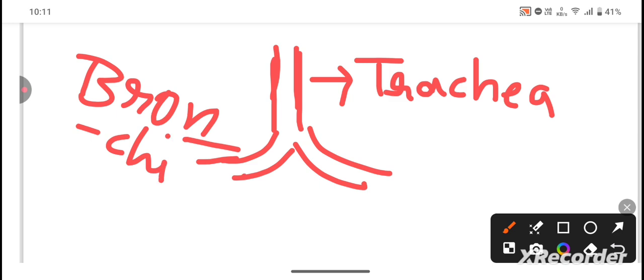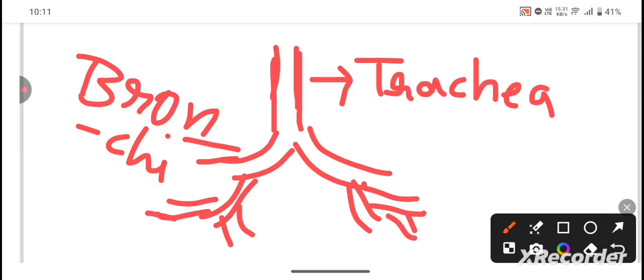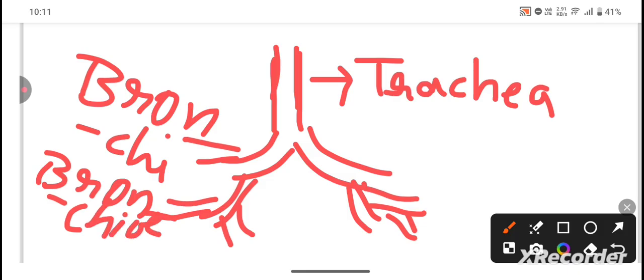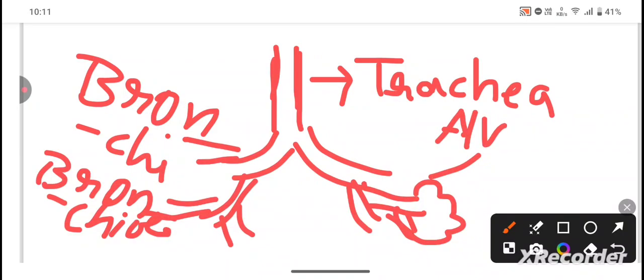Those bronchi are further divided into small branches known as bronchioles, and at the end of the bronchioles you can observe pouch-like structures known as alveoli. The alveoli are the basic structural and functional units of the lungs where the gaseous exchange takes place.